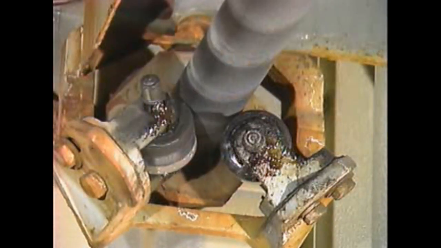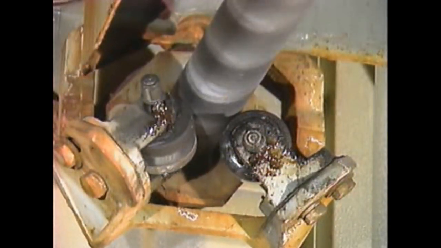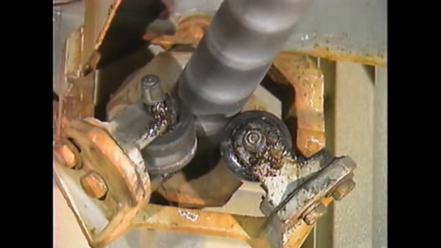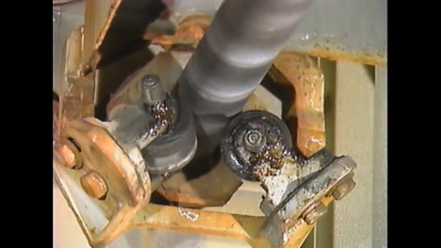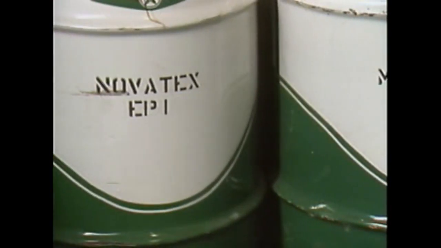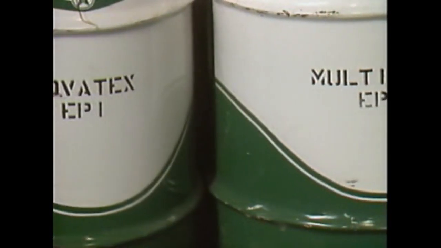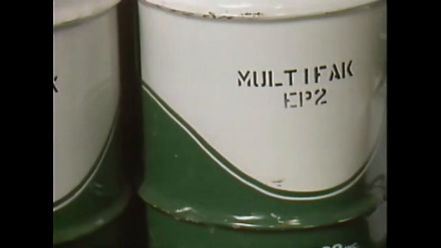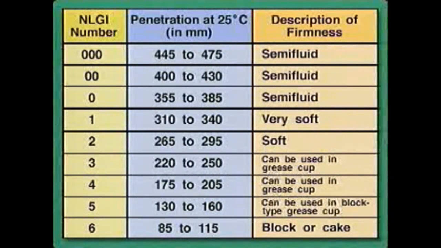The consistency of a grease varies with temperature, and there's generally an increase in the softening of a grease as the temperature increases. For these reasons, consistency is a critical property to consider when grease is selected for a particular application. The American National Lubricating Grease Institute, NLGI, has developed a widely used classification system of grease consistencies.